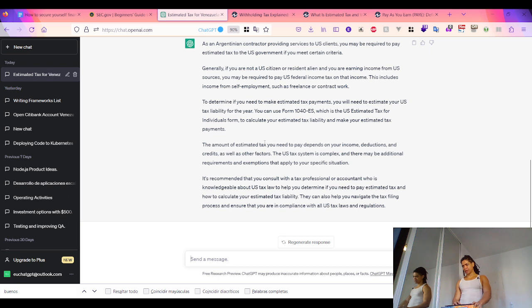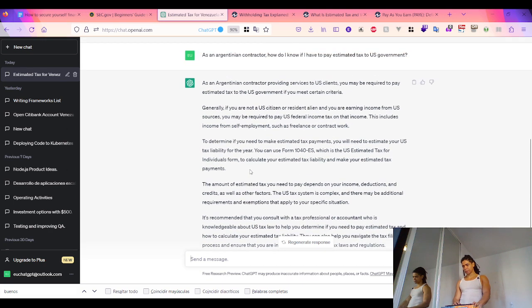The amount of estimated tax you need to pay depends on your income, deductions, and credits, as well as the fact that the U.S. tax system is complex, and there may be additional requirements and exceptions that apply to your specific situation. Generally, if you are not a U.S. citizen or resident alien and you're earning income from a U.S. source, you may be required to pay U.S. federal income taxes.